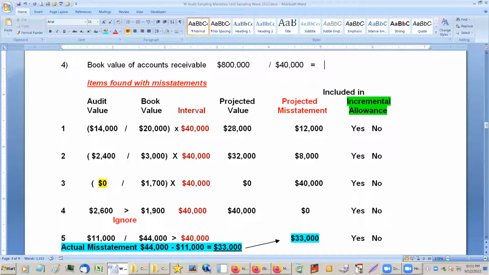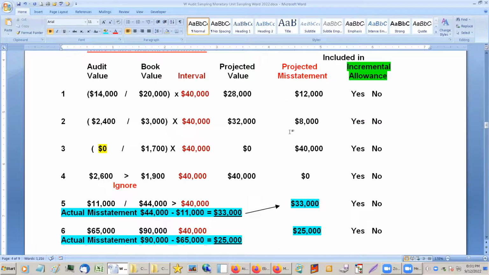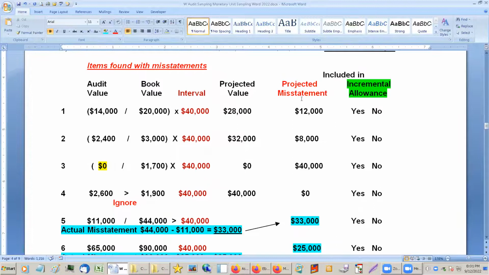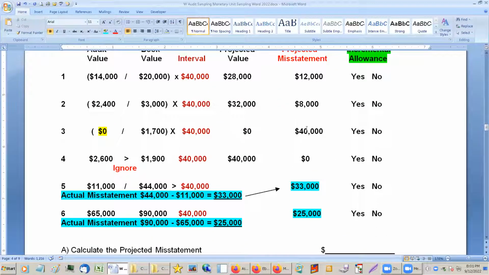Yeah, so there's 20 items in the sample. And those 6 down here were the ones that we had problems with. So this misstatement is for the entire 20 items, but we're gonna add all these up, so whatever these come up to.